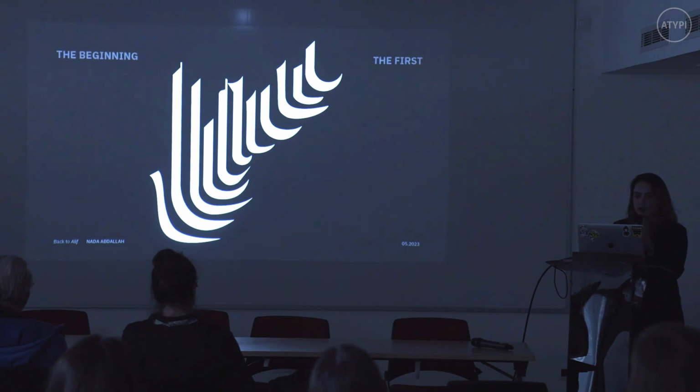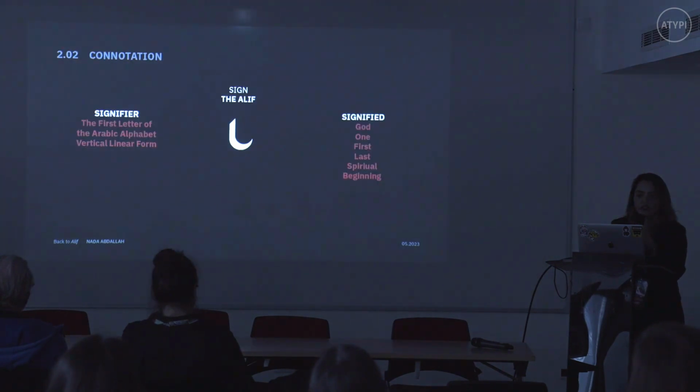And this was the beginning. As a signifier, it is the first letter of the Arabic alphabet, as mentioned. It has a vertical linear form. And what does it stand for? It signifies God, the one and first, last, which has spiritual connotation, and it is there to start as the beginning.